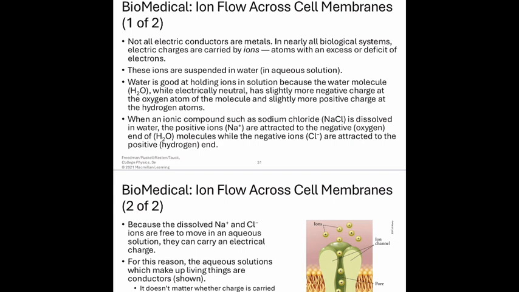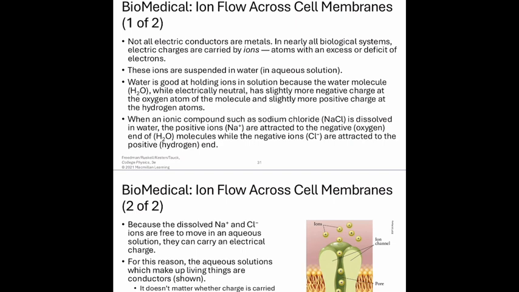It's a polar molecule. So an ionic compound like salt, sodium chloride, when it's dissolved in water, the positive ions will be attracted to the negative side of the water molecule, while the negative chloride ions would be hanging out and be attracted to the positive end of the water molecule where the hydrogens reside.